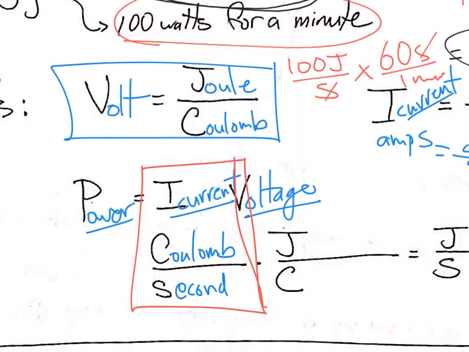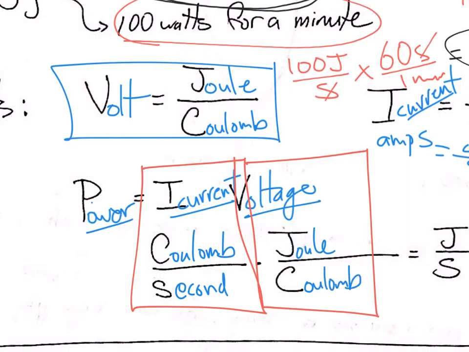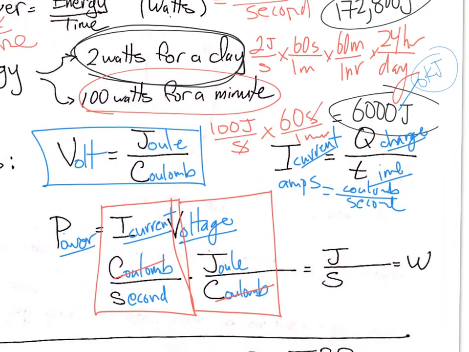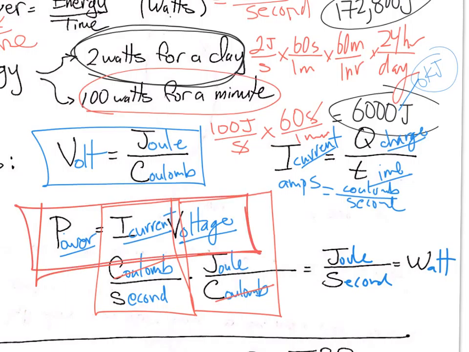And when we talk about voltage, that is a joule per coulomb. If we look at what happens with these units, the coulombs cancel, leaving us with joule per second, which is a watt, the unit of power. So this is kind of proving to us that power is equal to current times voltage, or at least that the units work out. A joule per second is a watt. So bottom line, power is equal to current times voltage, and the units work out.